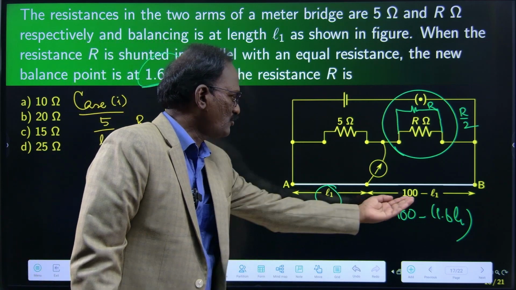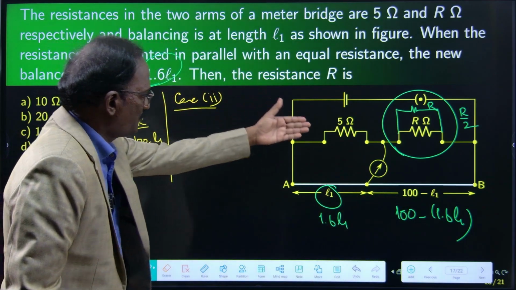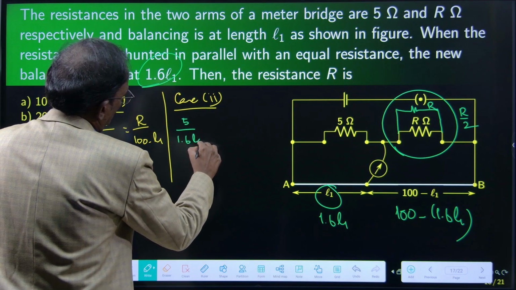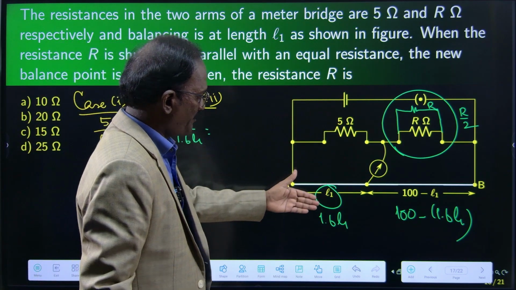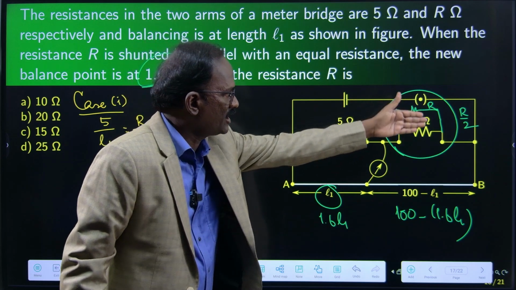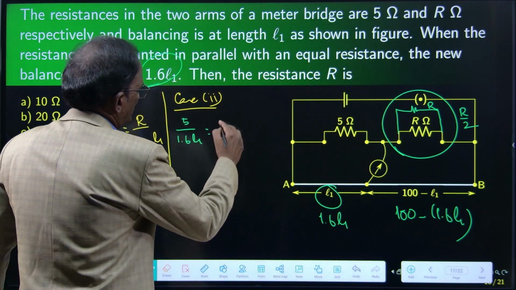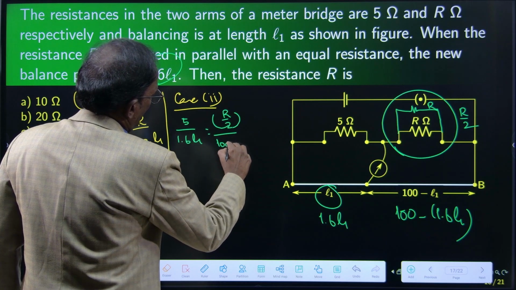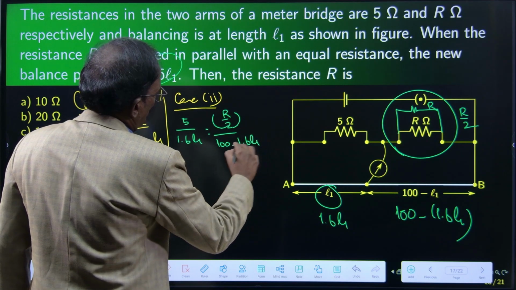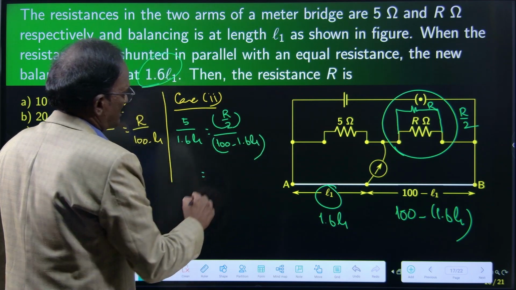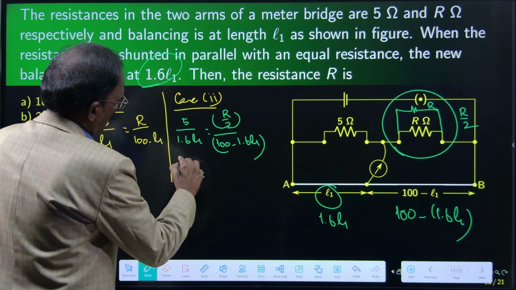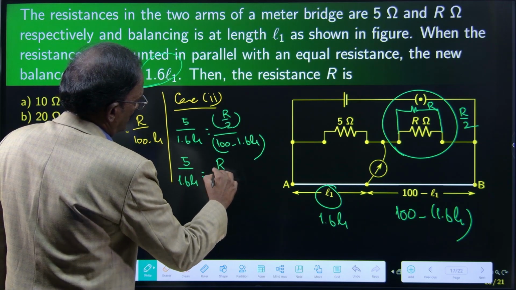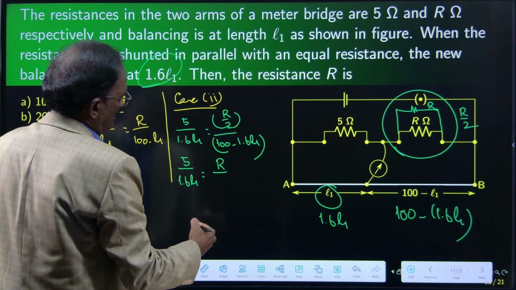So case 2, 5 divided by 1.6 L1. Here it is changed to R by 2. Two resistances, equal values, they are in parallel. 100 minus 1.6 L1.